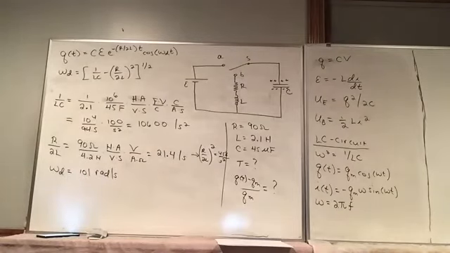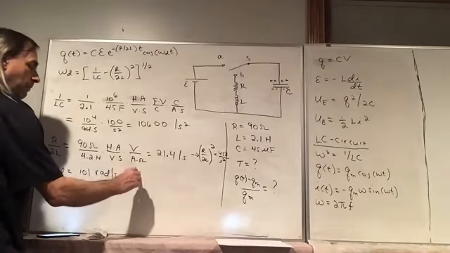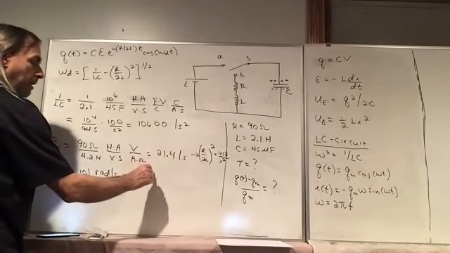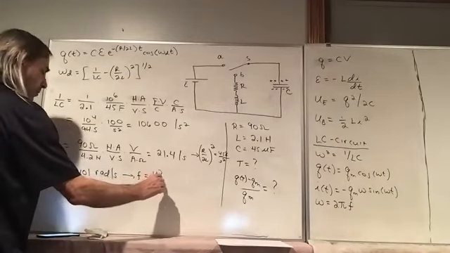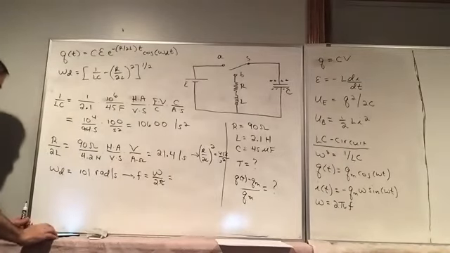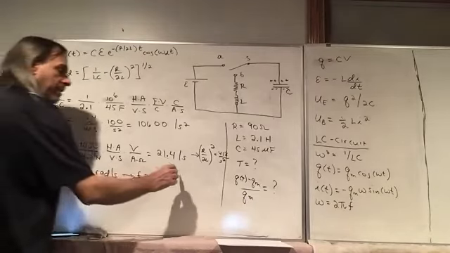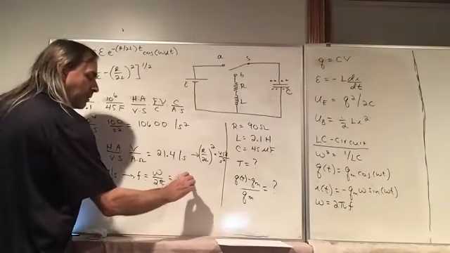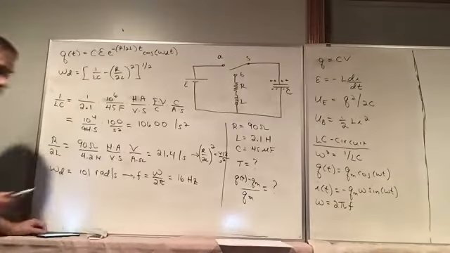And so the frequency is omega divided by 2 pi. So let's divide by 2 pi. So I'm getting a frequency of about 16 hertz.